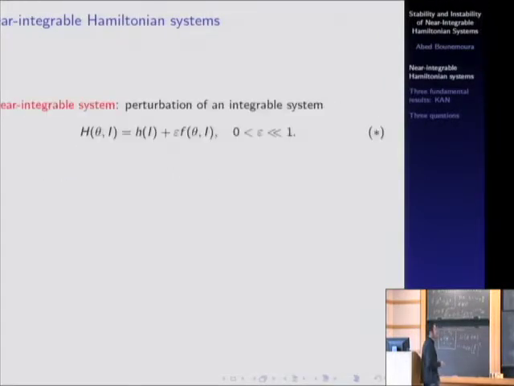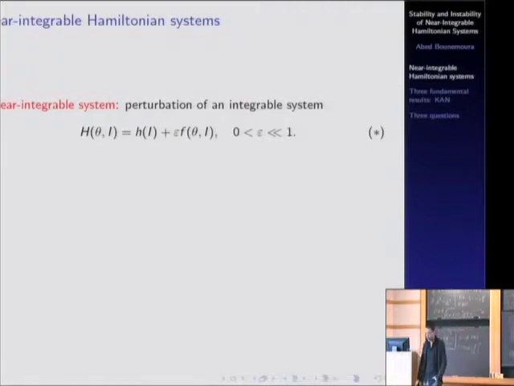Now in practice, what is more interesting is a near-integrable system, which means a perturbation of an integrable system. How do I perturb an integrable system? Here's the integrable part, and I just add a small perturbation. To be more precise, I would have to speak about the topology of function spaces and so on, but I'm going to be very sketchy, so I just put epsilon in front and add a general function.